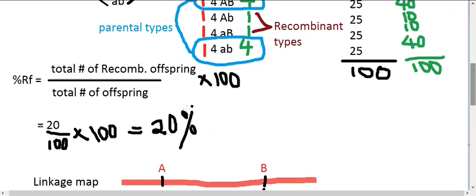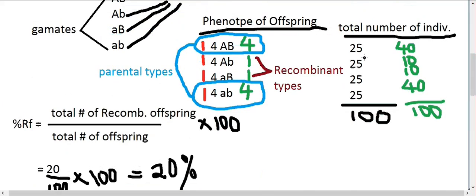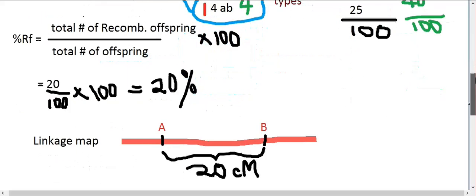Also, the reason they do this 20%, the total recombinant offspring, is that the manifestation of these two phenotypes occurs from a single crossover. It's that one crossover that creates these two phenotypes, as you saw, once we cross over and change places here. They are a product of the same crossover.